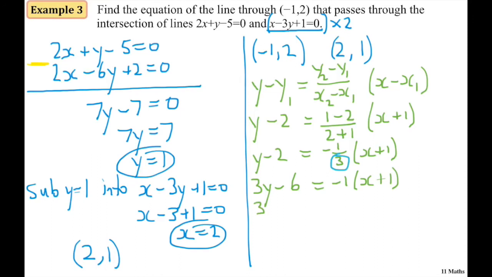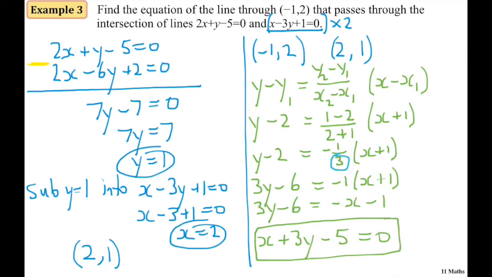Leaves me with 3y take 6 equals minus x minus 1. Rearranging it so it's in a general form, I'll plus x to both sides and I'll end up with x plus 3y. I'm also going to plus 1 to both sides, and that is the equation of the line that passes through -1, 2 and through the intersection of our two lines.